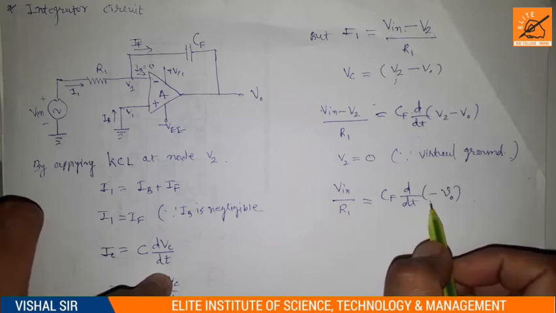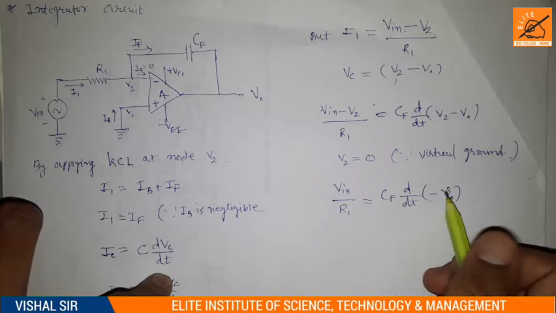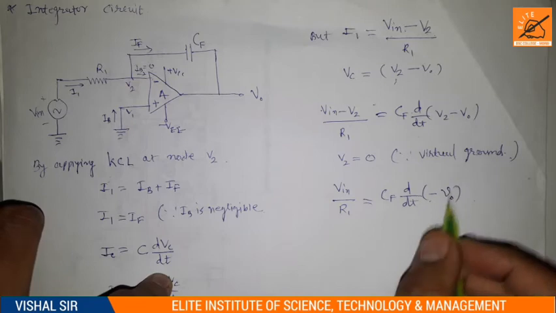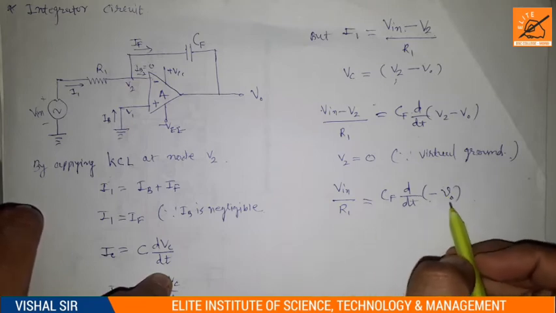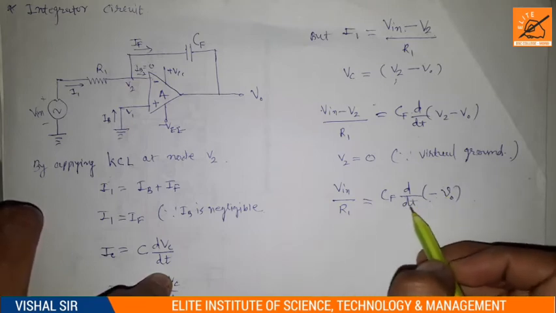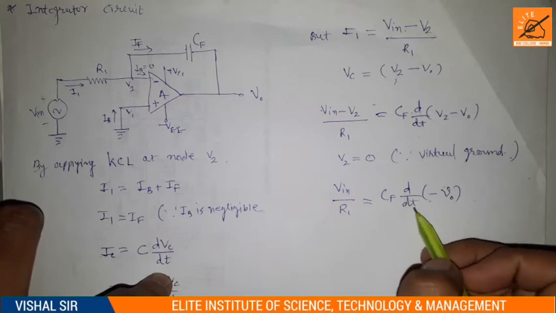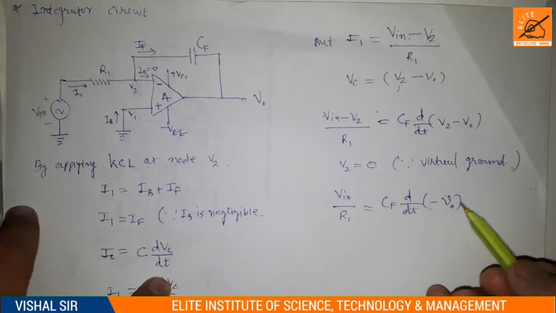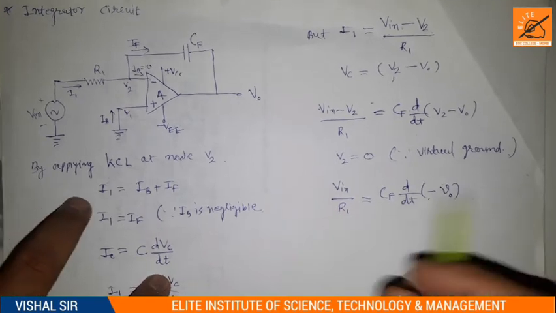Now, the output voltage can be obtained by integrating the above equation. We have to find this V0, but it is under the differentiation d by dt of minus V0. So to obtain V0, we have to integrate this equation.